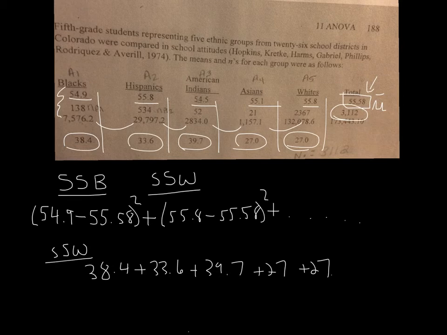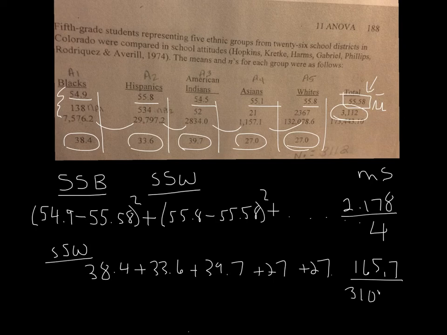And so when you're doing your MS column, then in our MS column, what I got for the sum of squares between was 2.178, and we're dividing that by 4 degrees of freedom. And for the sum of squares within, we get a total of, where's my total? 165.7, and we're dividing that by the 3107, which is the degrees of freedom for the entire population, right?